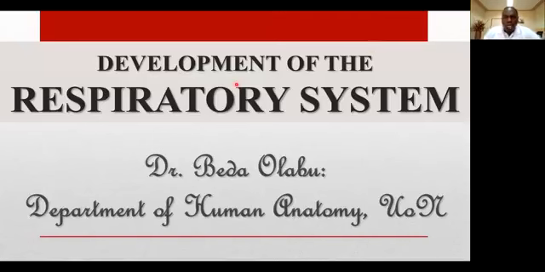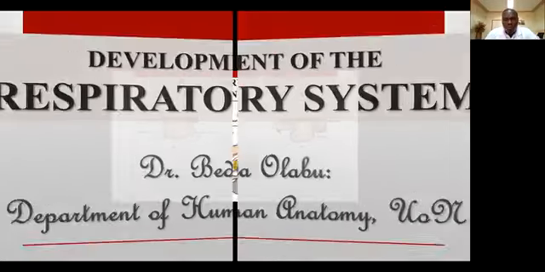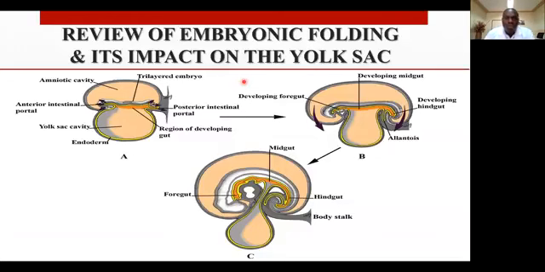Okay, we can now look at development of the respiratory system. Before I take you through development of the respiratory system, I'll remind you of something we did in basic embryology about embryonic folding.